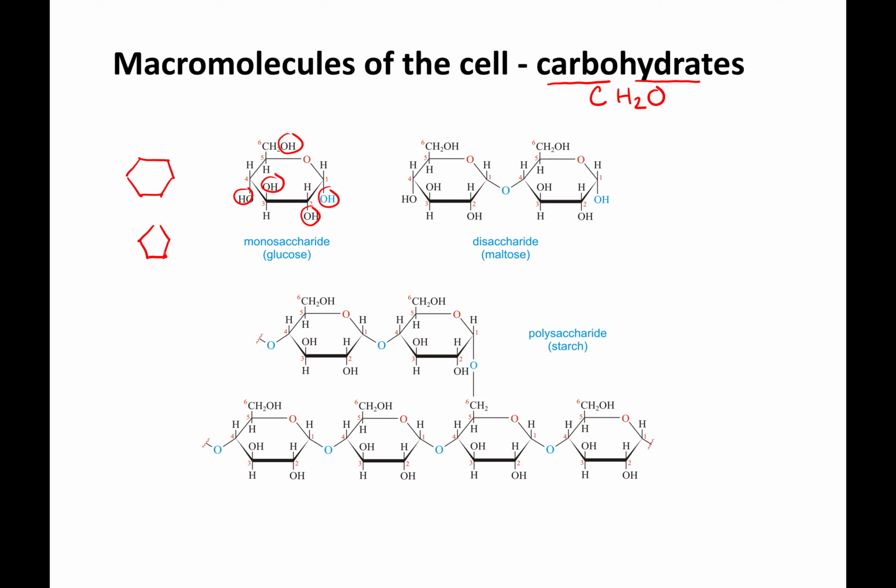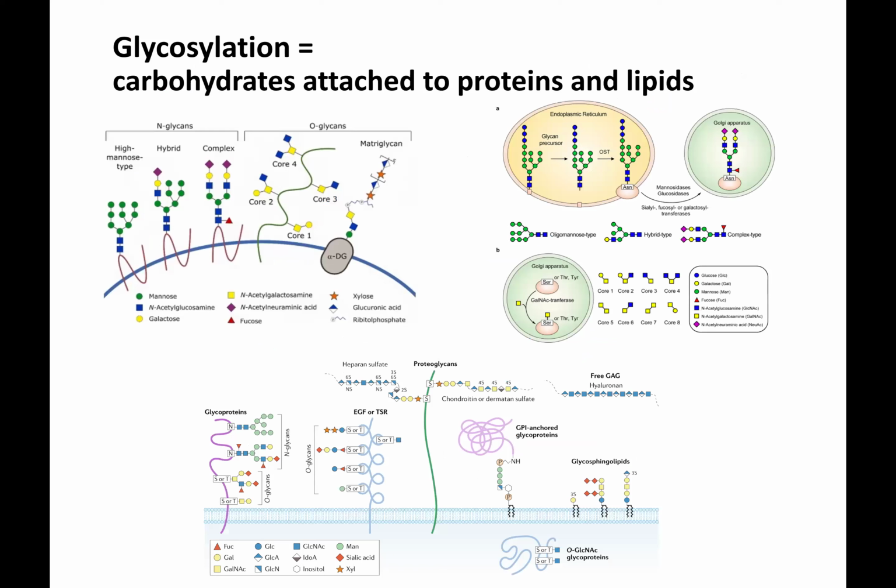And then when you combine carbohydrates, you can get these massive molecules such as starch. You can get cellulose, which is found in plant cell walls. But what we're most concerned about with carbohydrates is that they're important in modifying proteins and lipids.